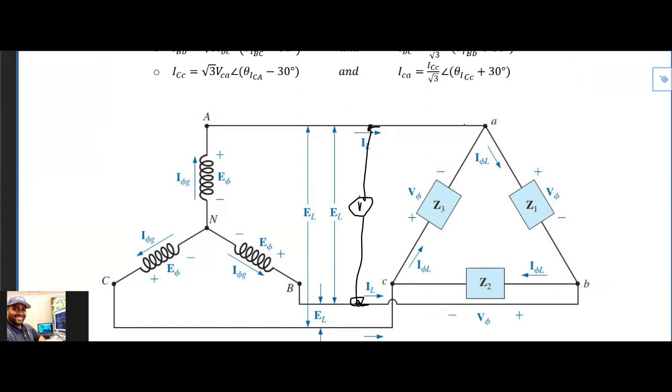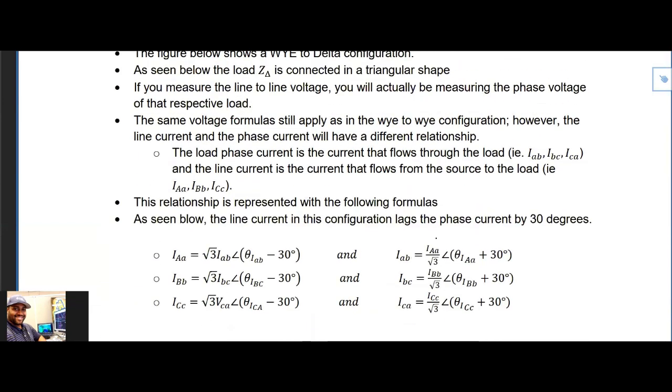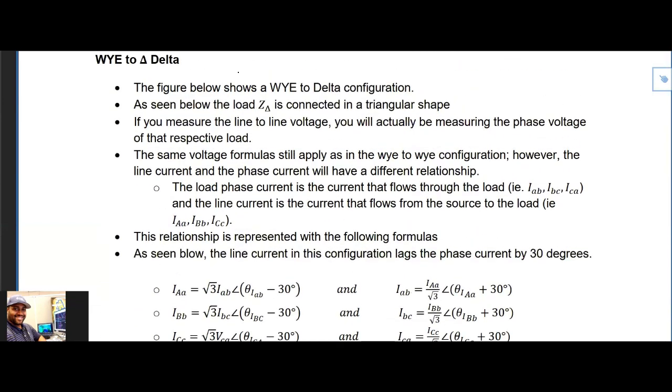So this point will be connected right here, and this point right here will be connected right here. So what you'll actually be measuring is the phase voltage across ZAB.